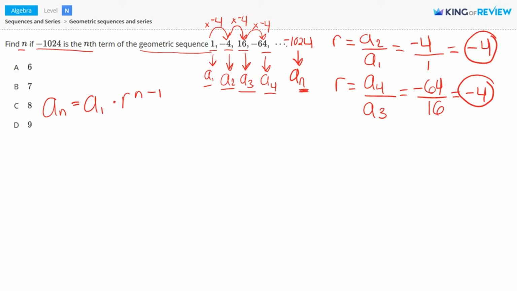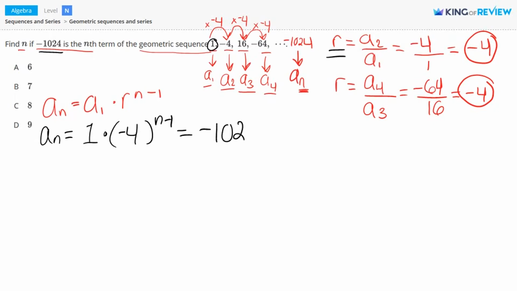So let's start by filling in the information that we know. So we have a sub n equals a1, that's this term here, so 1, times the common ratio. We found the common ratio here, that's negative 4, to the n minus 1 power, and we're told that this is equal to negative 1024.